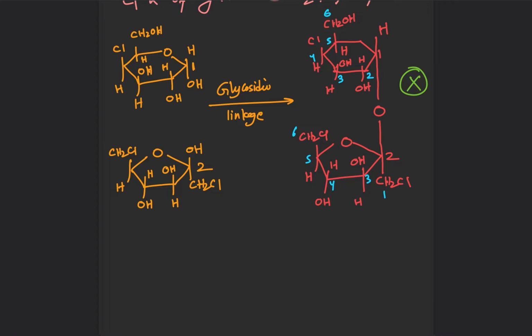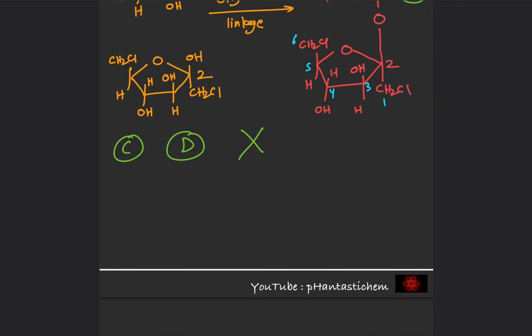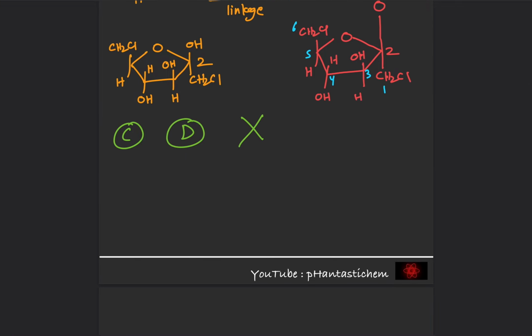To find out the structure of X in the given options, if you observe carefully, C and D cannot be the answer. In the fructose part, they have drawn CH2Cl and OH on the same side in both C and D. But in reality, they are on opposite sides of the plane.